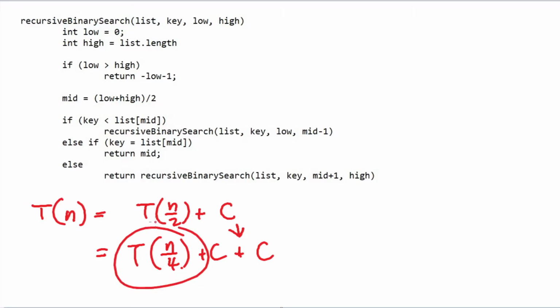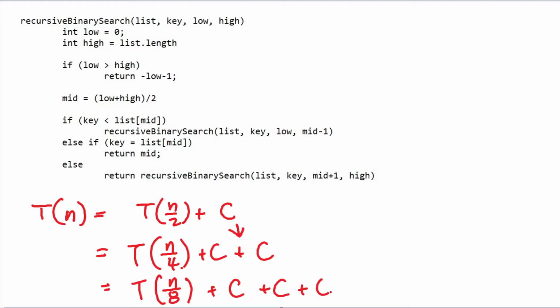Let's calculate the worst case running time for a list of size n over 4, and n over 4 divided by 2 is n over 8, plus some other constant, and let's keep going. Then T of n over 8 is equal to, again, the size divided by 2, which is n over 16, plus some constant, and so on and so forth.